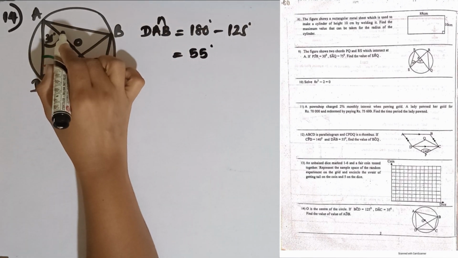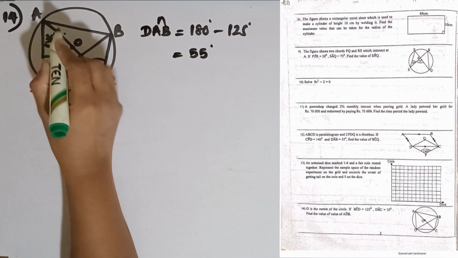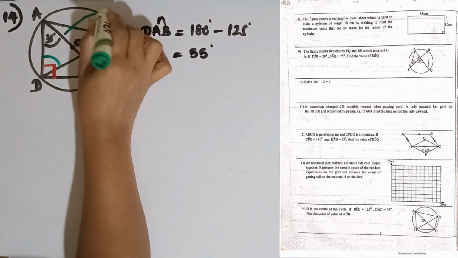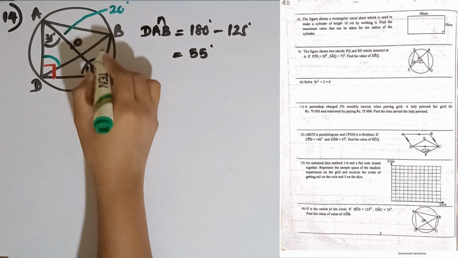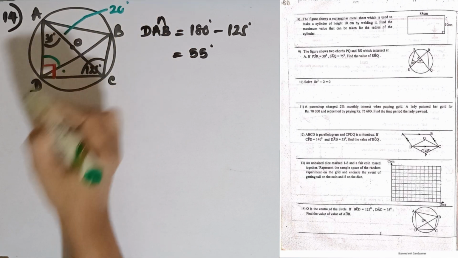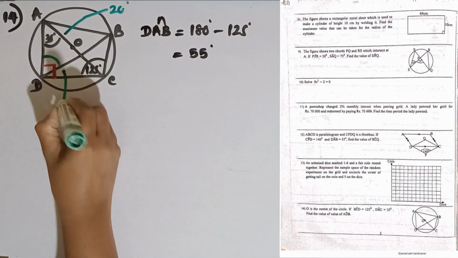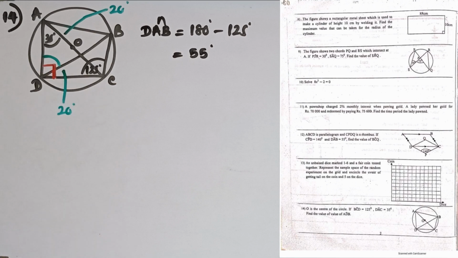So we can find the magnitude of this small angle here. That is equal to 20 degrees, as this is 35. This angle and this small angle are angles in the same segment. So this is equal to 20 degrees.